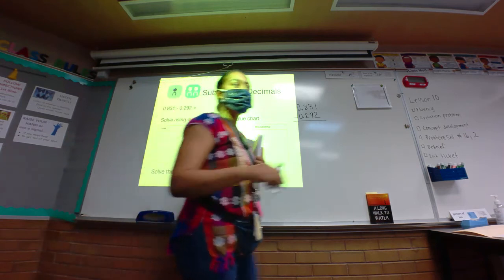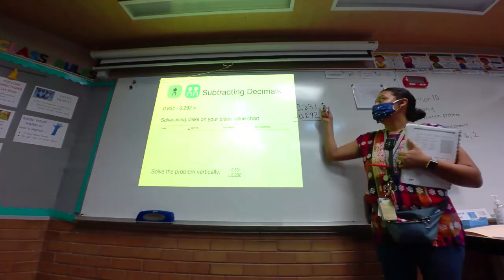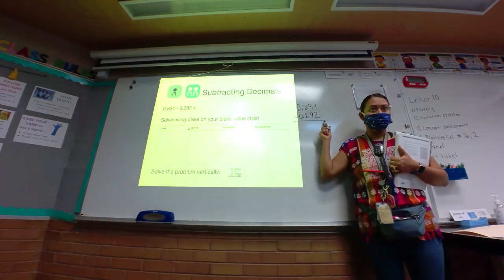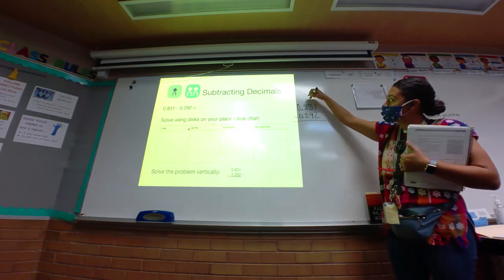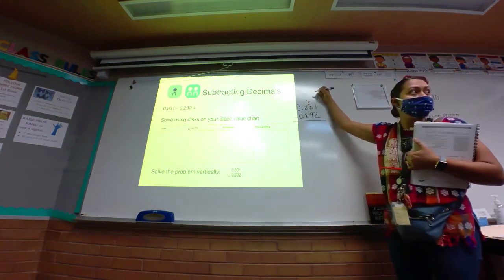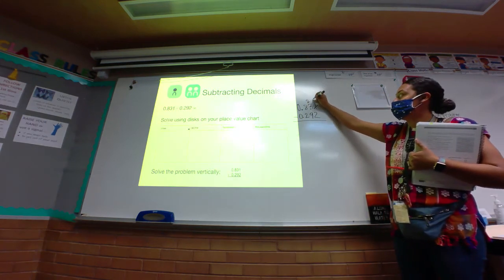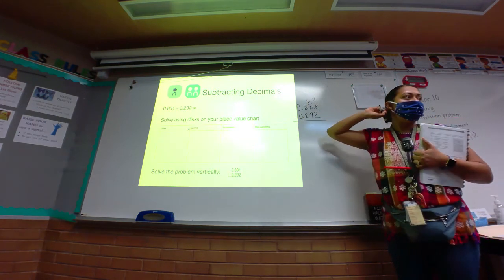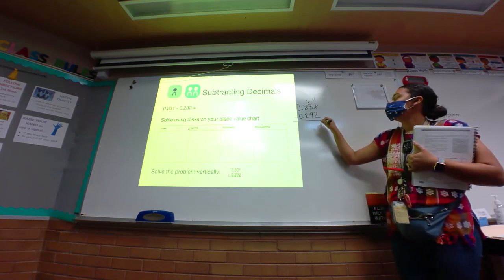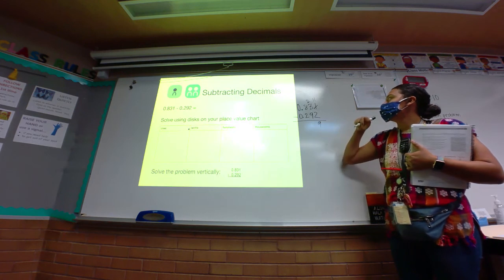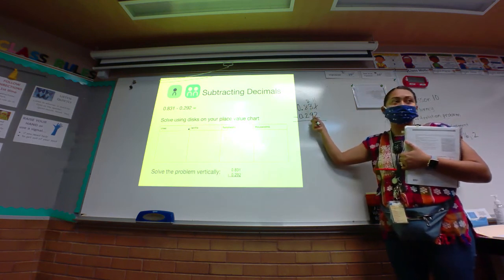Okay, so subtracting. 1 minus 2. You can't use that. We need to regroup. So borrow from here. So that makes 2. And then add 10 more here. So 11. So 11 minus 2, 9. 2 minus 9.